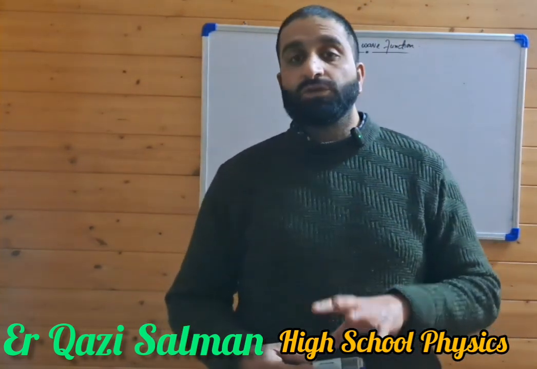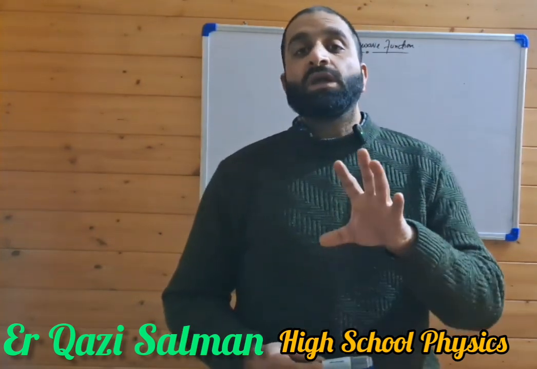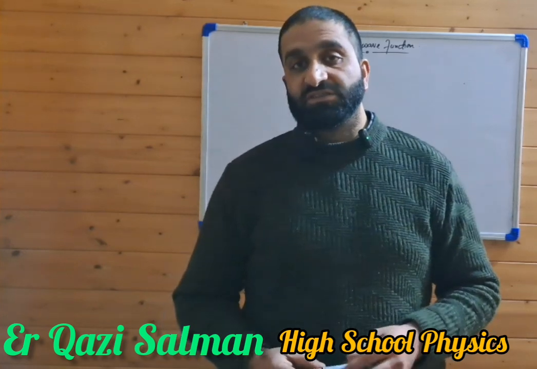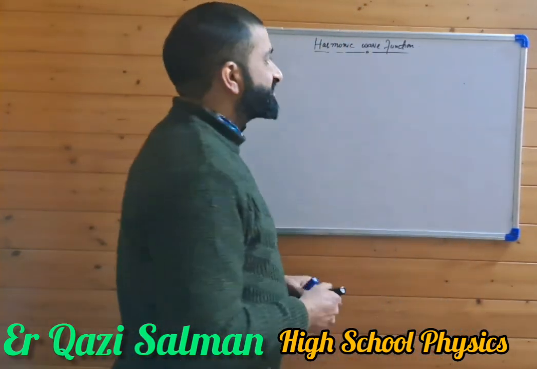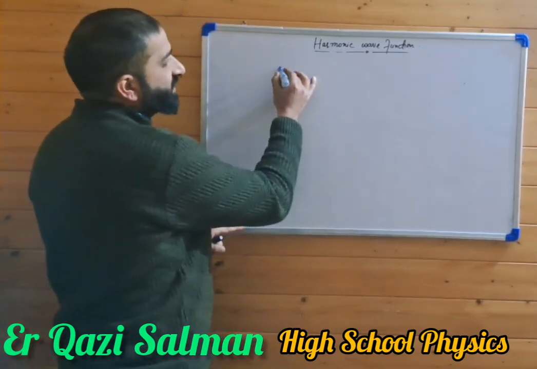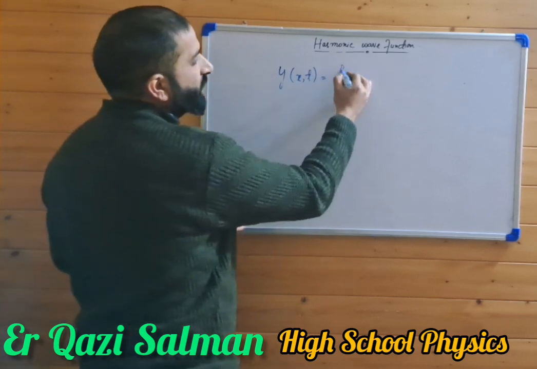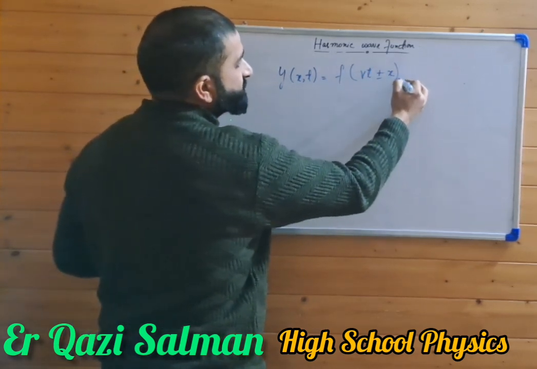So in order to show the periodic waves or simple harmonic waves, we represent them in the form of sine or cosine functions. From previous lectures, we know that a periodic wave function is represented as y, a function of x comma t, equal to f of vt plus minus x.